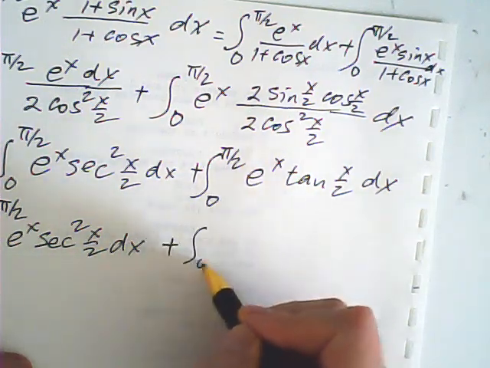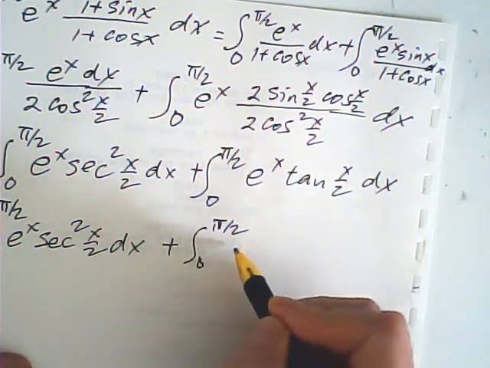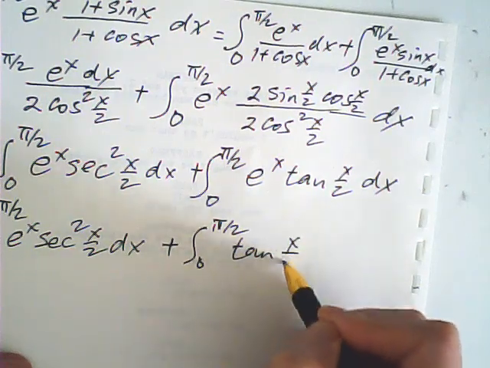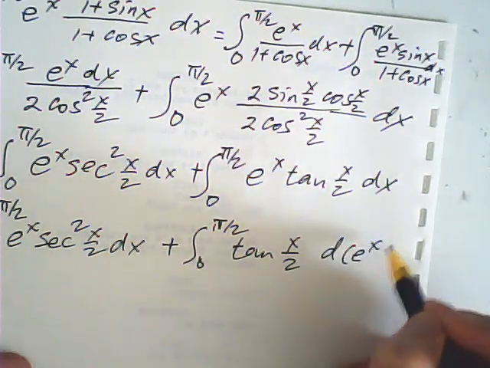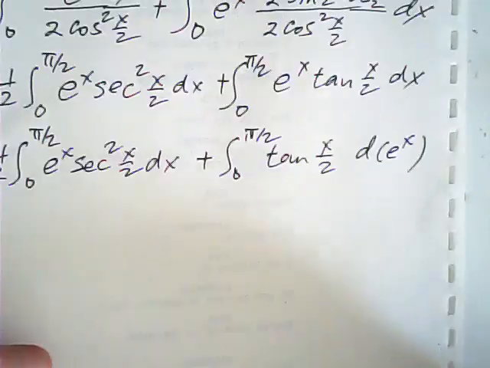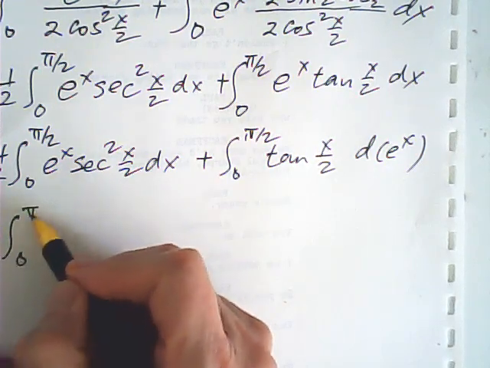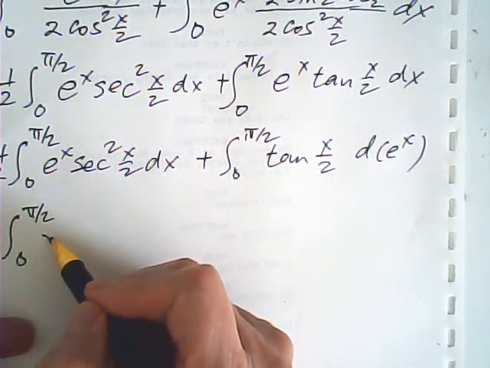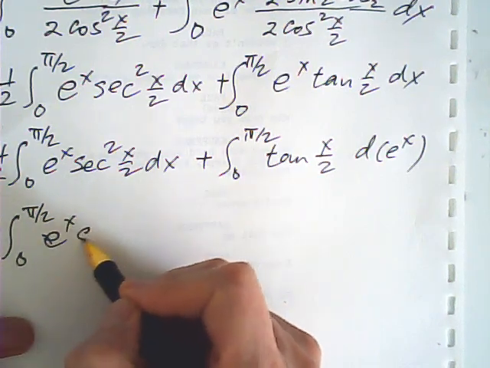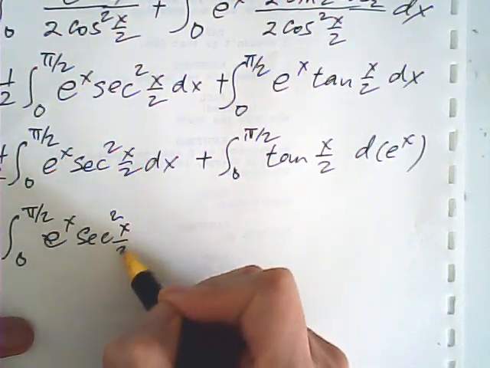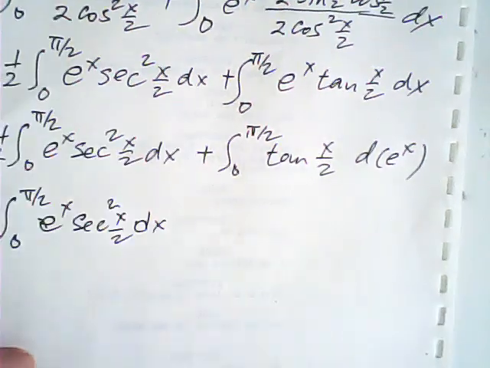This is equal to tangent half x and the d e^x. And this one equals 1 half x e^x secant square half x dx.